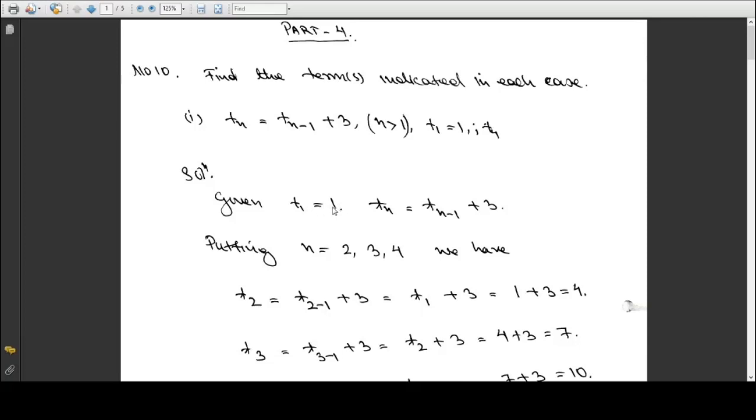T1 is equal to 1, which means that the first term is 1, and the value of Tn, the nth term, is Tn minus 1 plus 3. What we have to find is T4.